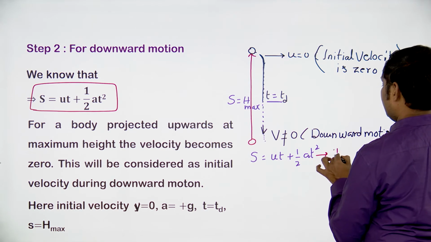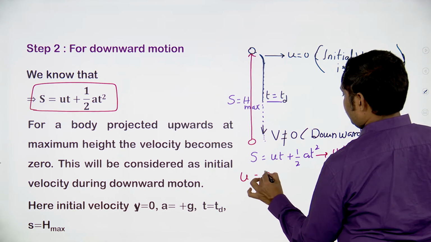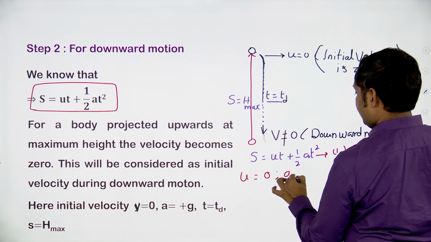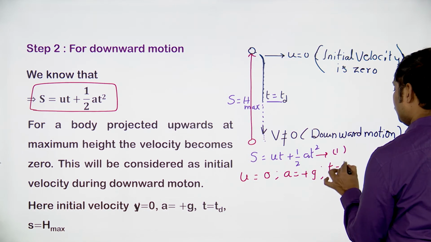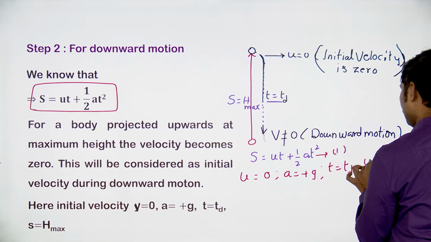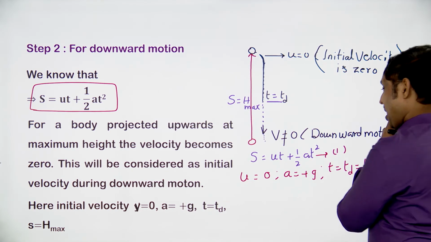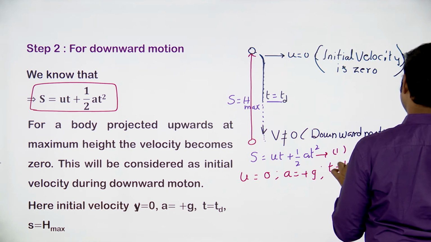This is equation number 1. U is equal to 0 in this case, and A is equal to plus g, and T is equal to TD. It's very clear. Later we can go for that.